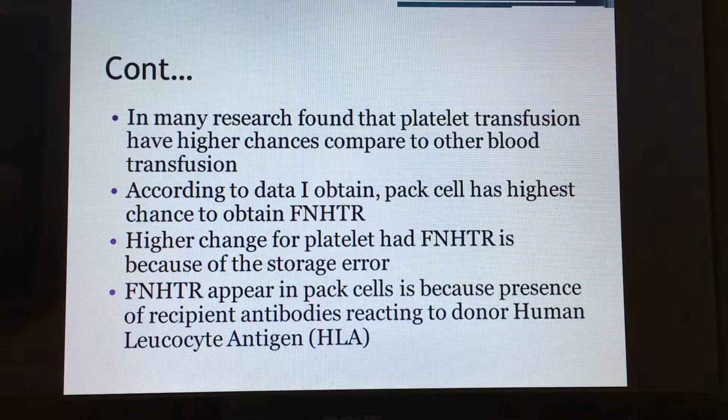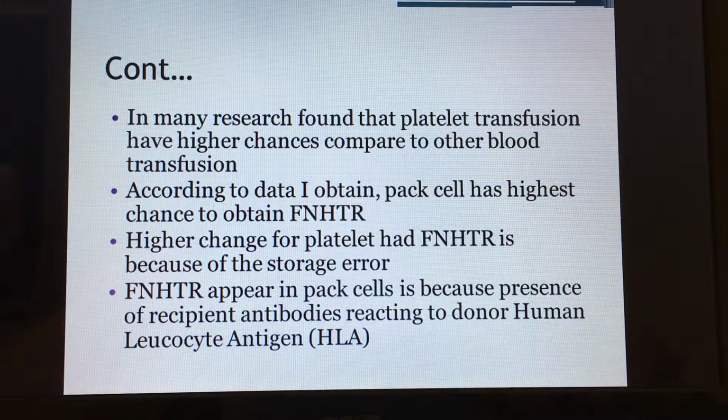In many studies, platelet transfusion shows a higher chance of reaction compared to other blood transfusions. But from the data I obtained, the PRBC had the highest chance of febrile non-hemolytic transfusion reaction.